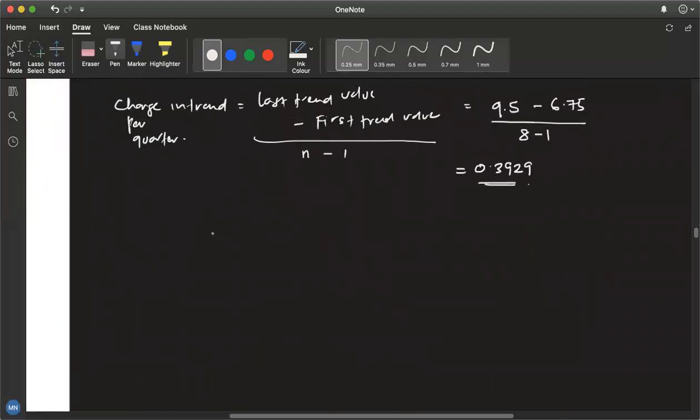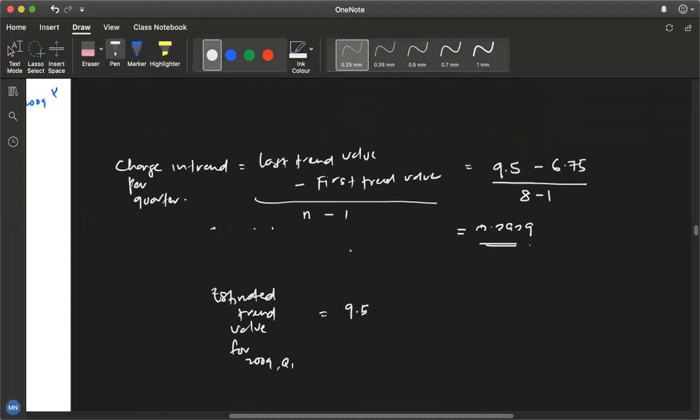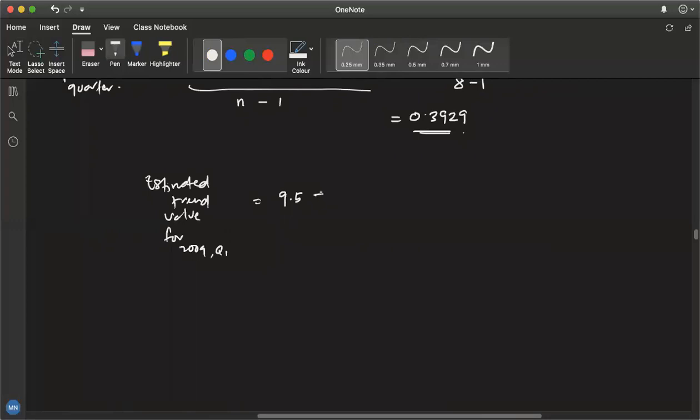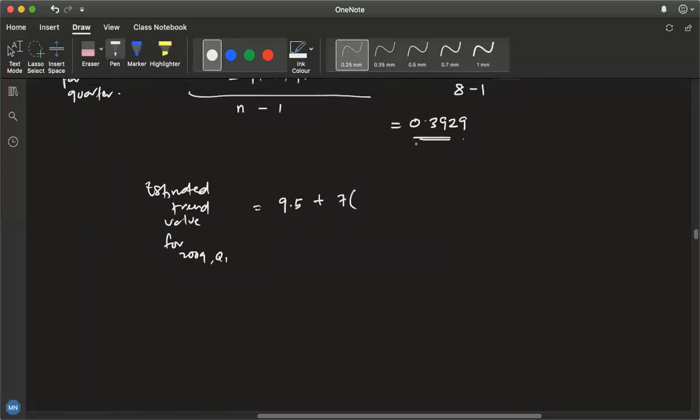So the estimated trend value for 2009 quarter number 1 is the last trend value, 9.5, plus 7 multiplied by the change in trend, 0.3929. This should be equal to 12.2503.